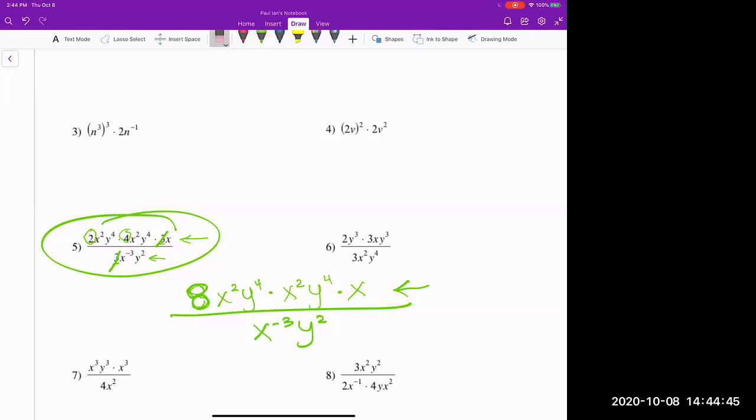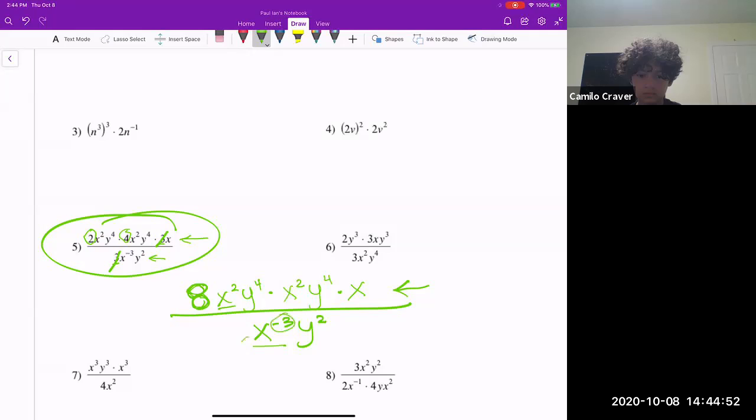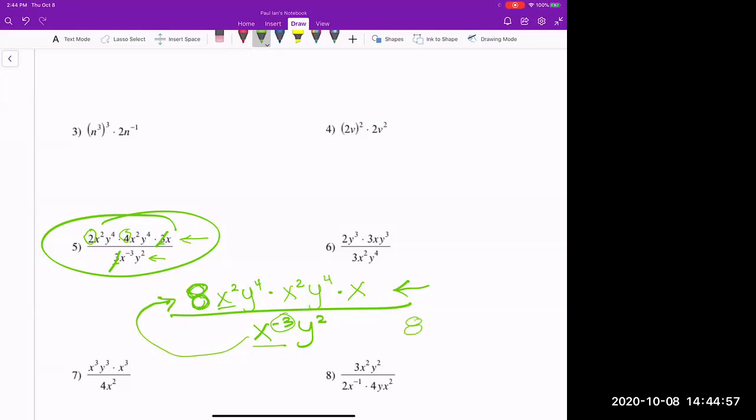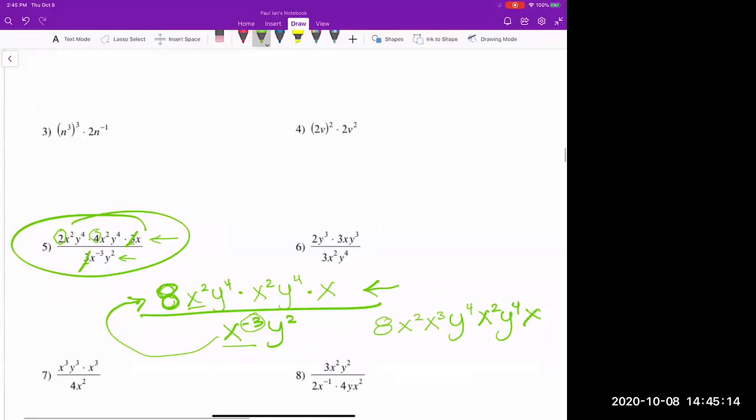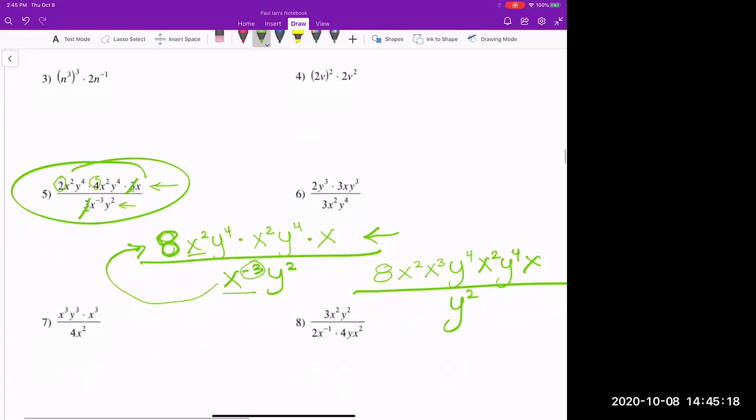Let's see if that works first. So you want to move this up top? Yeah. Let's see if that gives us the same. I think it should. It's just algebra. So x squared, and x cubed y to the 4th. I'm just going to make this all x squared y to the 4th. They're all getting multiplied in x. And then this is y squared. What do you do now?